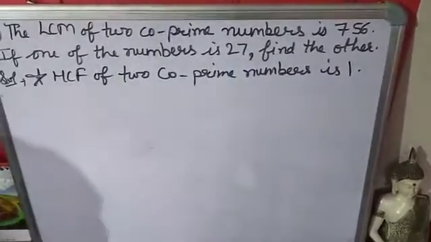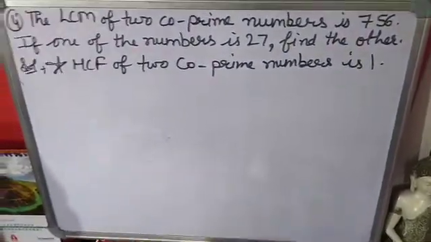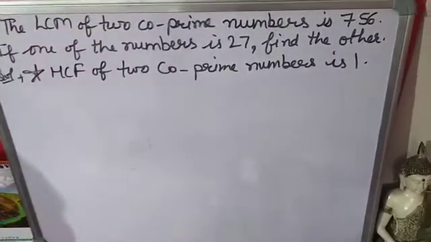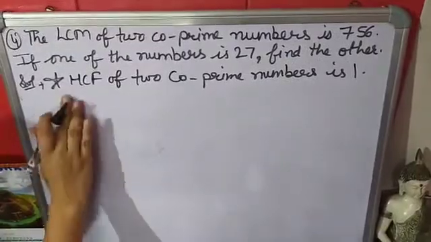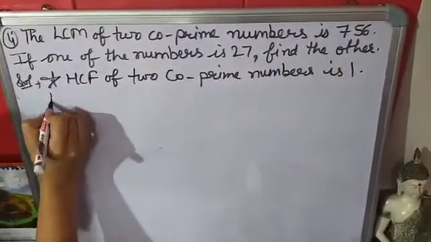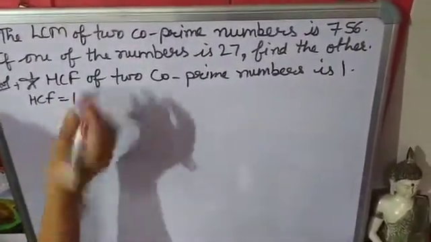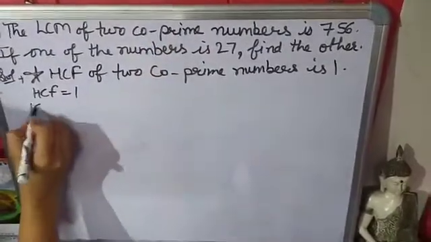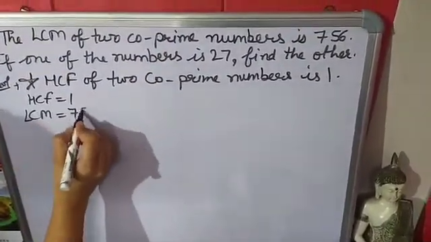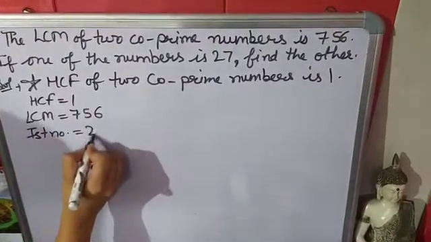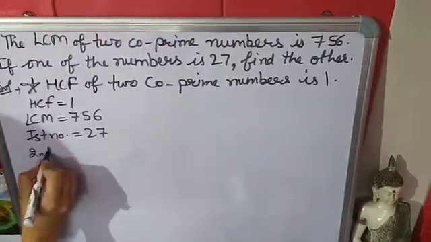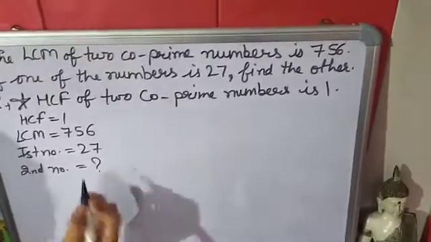This is the rule. Remember one thing, when we take HCF of two co-prime numbers, then it will be 1. So it means HCF is also given. You have to learn this rule. Now HCF is 1 because they are co-prime. LCM is 756. First number is 27. You have to find second number.